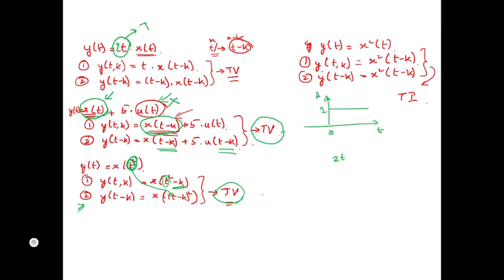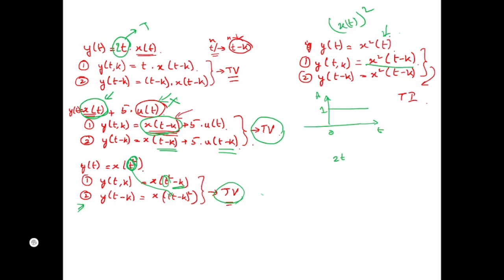Then coming to the next question, y(t) equals x squared t. In the first case, this is the delaying, so t minus k. So you can write it as x(t) whole square. So we are delaying this, x of t minus k. So x of t minus k whole square is x square t minus k.